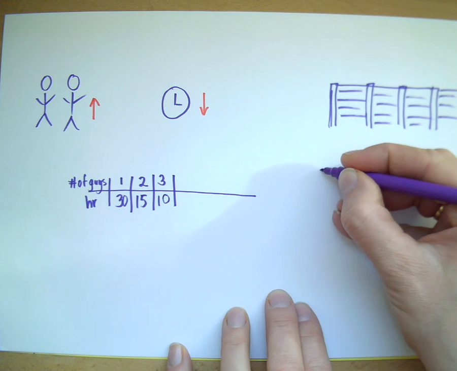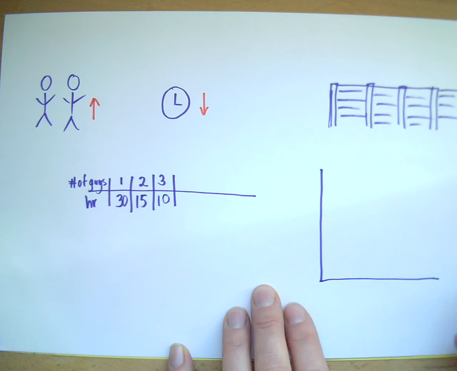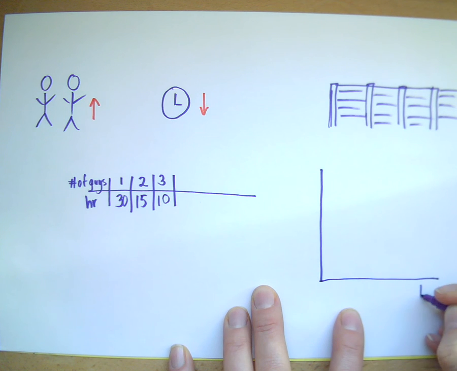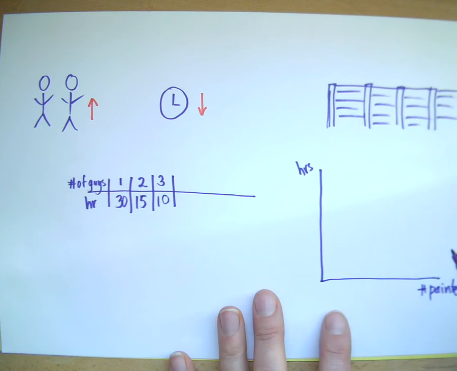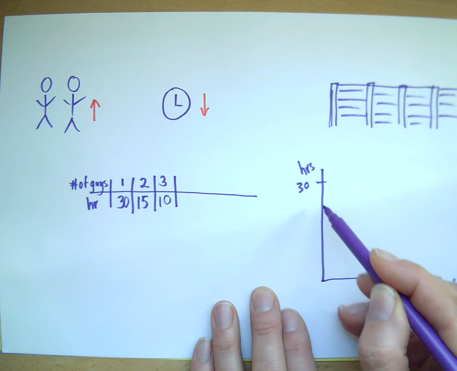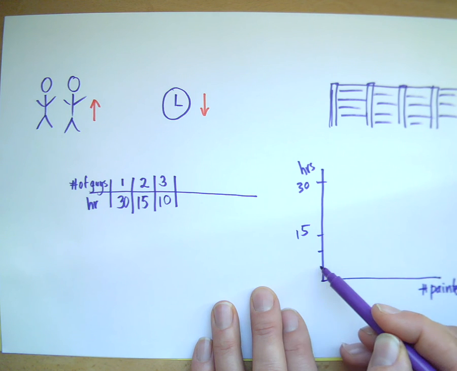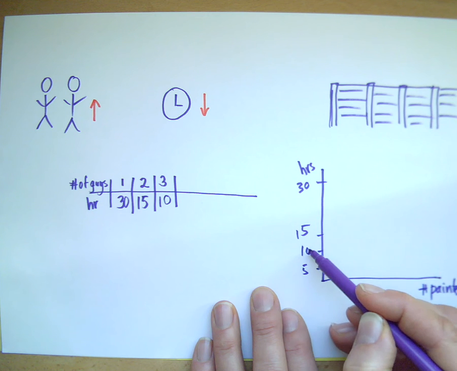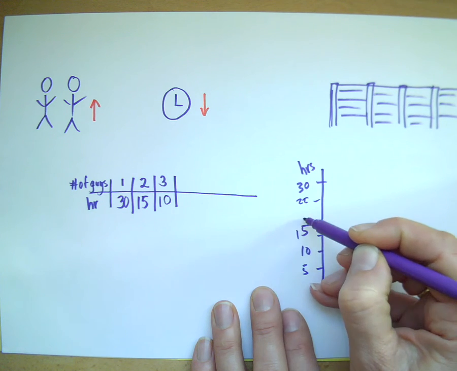Now, if we were to plot this on a graph, say this is the number of painters, and this is the hours of painting. I'm going to just do it very roughly. That'll be 30, this will be 15, 10, 5, 25, 20.